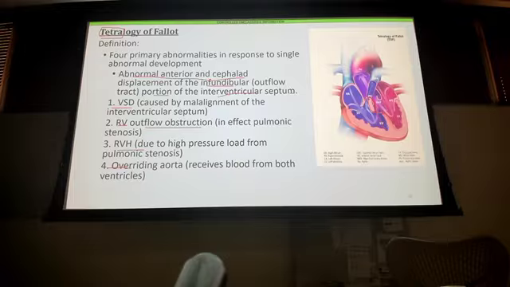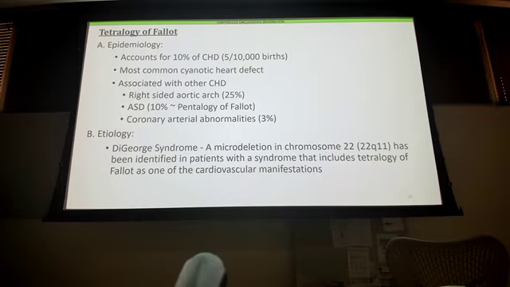So those four problems: a hole in the ventricle, an outflow obstruction going through the right ventricular outflow, so that pulmonic valve, there's an obstruction. The right ventricle hypertrophies, and then deoxygenated blood is going through the aorta. Okay. And that's what gives you the cyanosis.